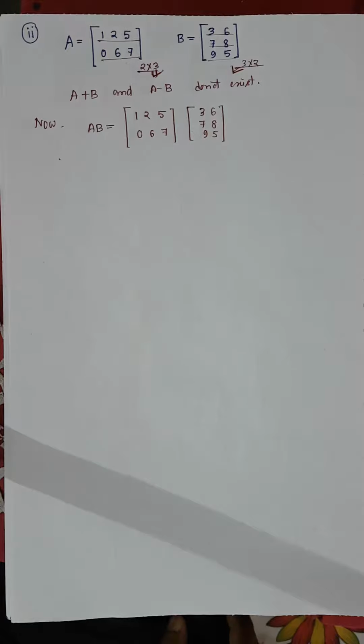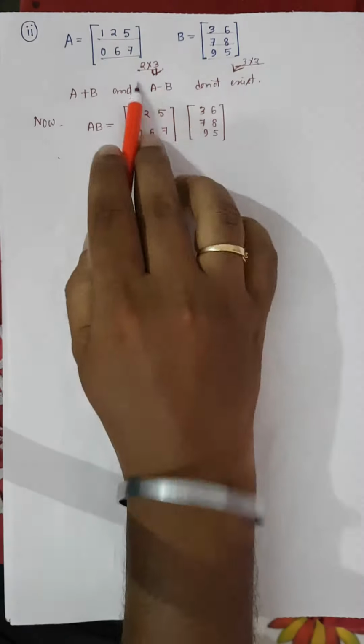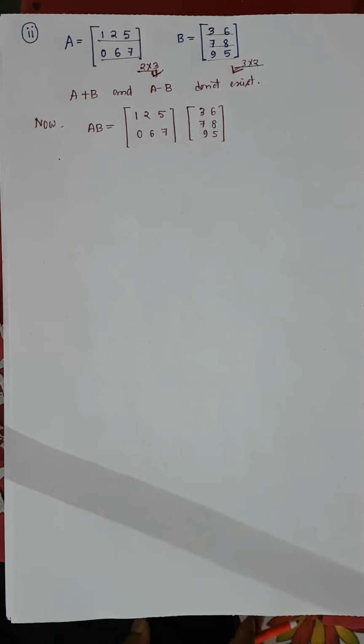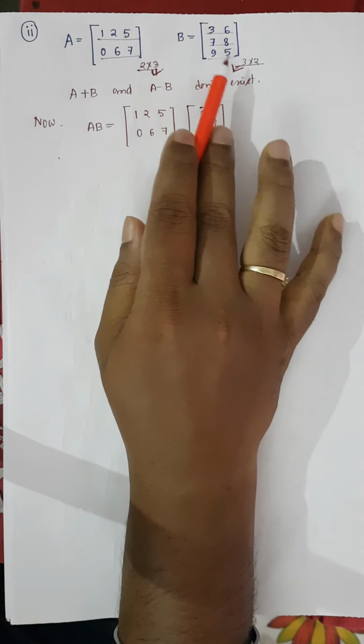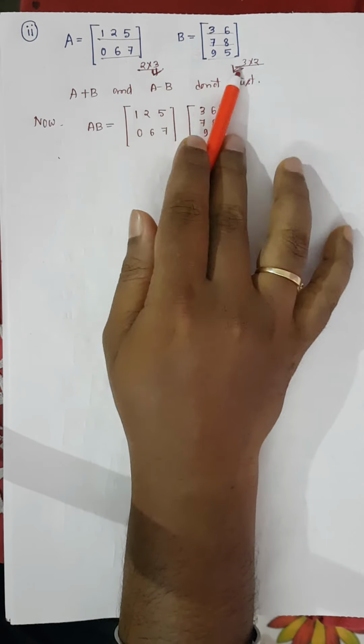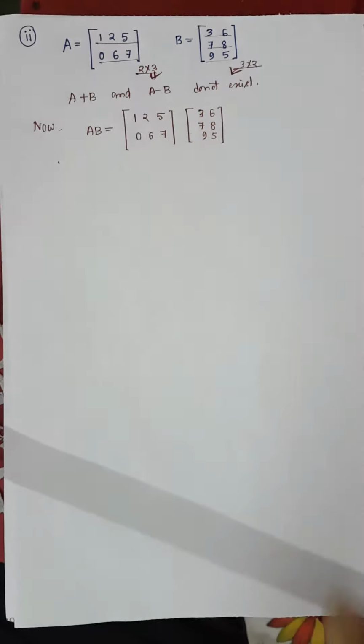So AB will exist and the result product AB will be of the order 2 by 2. I have already told you when two matrices are multiplied, they are said to be multiplicative if the number of columns of the first matrix is equal to the number of rows of the second matrix. Here the number of columns of A is equal to 3 and the number of rows of B is equal to 3. So they are equal, so the product AB will exist.